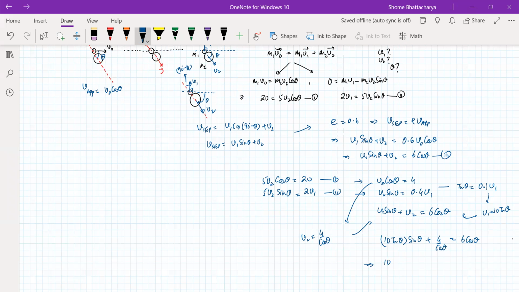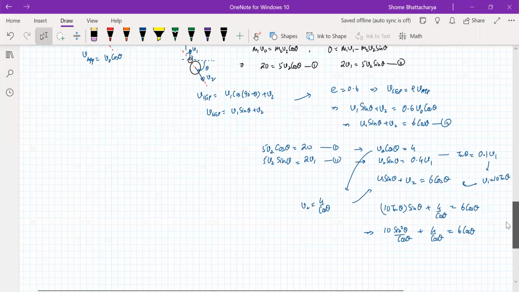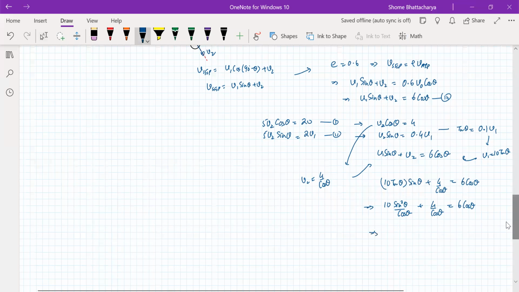So we have 10 sin square theta by cos theta plus 4 by cos theta is equal to 6 cos theta. So this is going to be a fairly easy equation to solve by using the identity that sin square theta is equal to 1 minus cos square theta. So we have 10 sin square theta plus 4 upon cos theta is 6 cos theta.